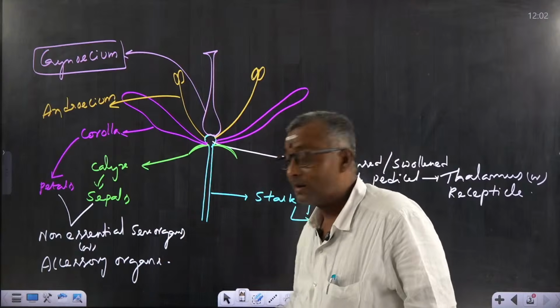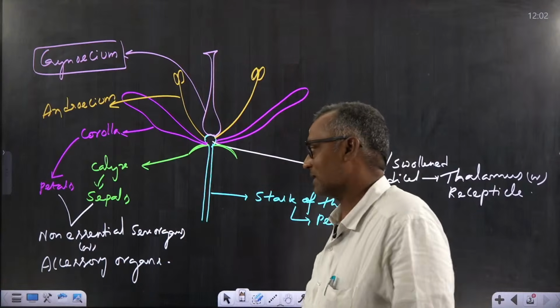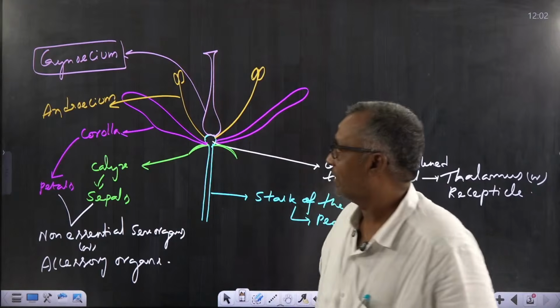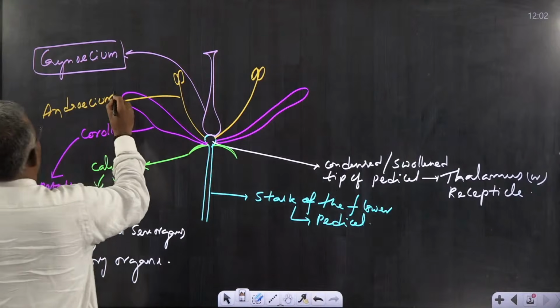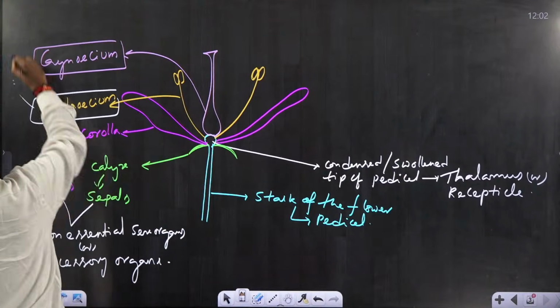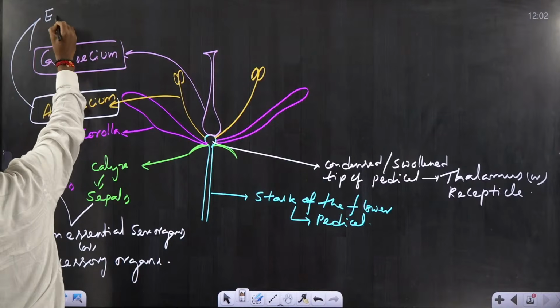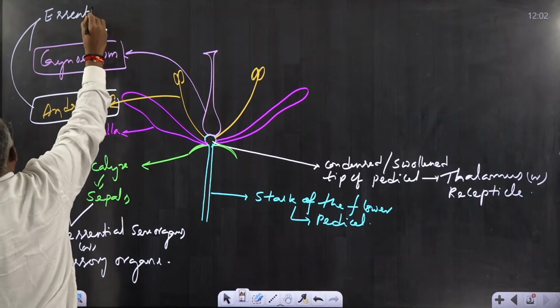That's why they are called non-essential or accessory organs. Whereas androecium and gynoecium together are called essential sex organs.